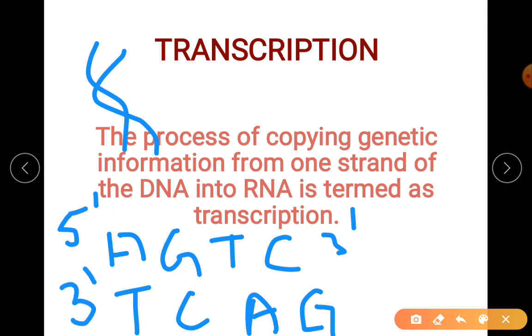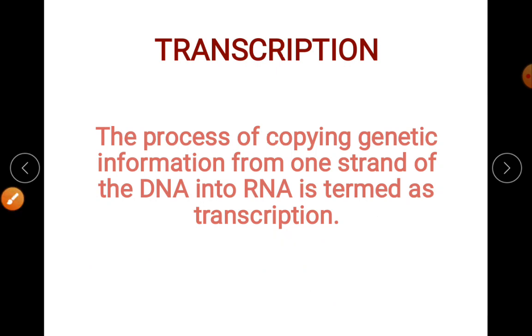So this will be 3' to 5'. Okay, so in this, one of them has the genetic information. Other one does not have the genetic information. Remember, one has genetic information, the other doesn't.